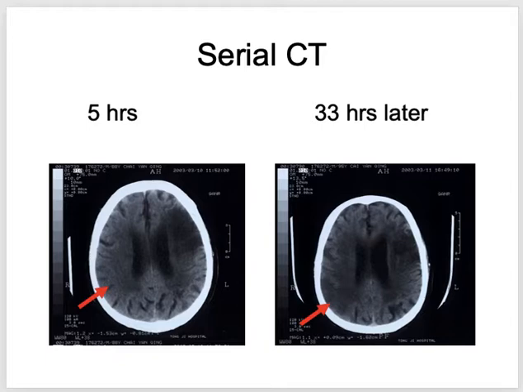For example, drug intoxications, infections, seizures, tumors, cerebral venous thrombosis, though it is not so common, but it should be kept in mind as a differential diagnosis when you are dealing with a stroke patient.